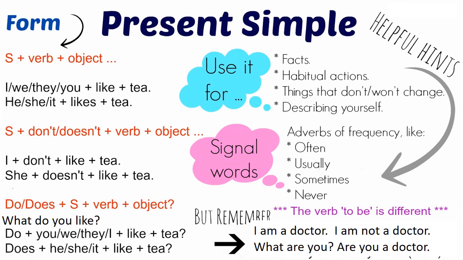Next, yes or no type questions. Do you like tea? Does he like tea? Here do plus subject plus main verb plus object. Here also do for first person singular or plural, second person singular or plural, third person plural. Does plus subject plus main verb plus object, does for third person singular.